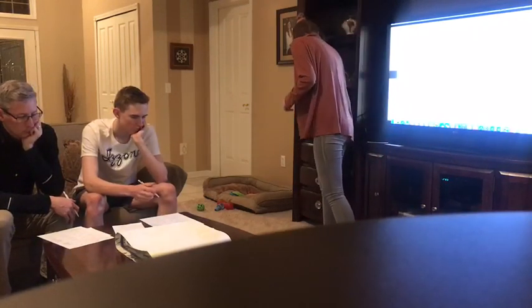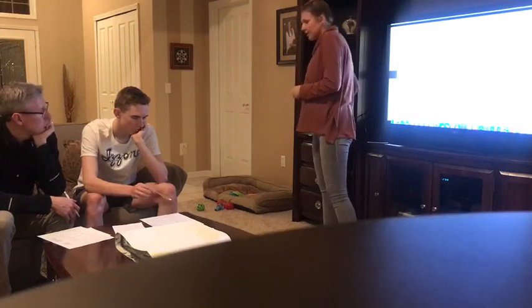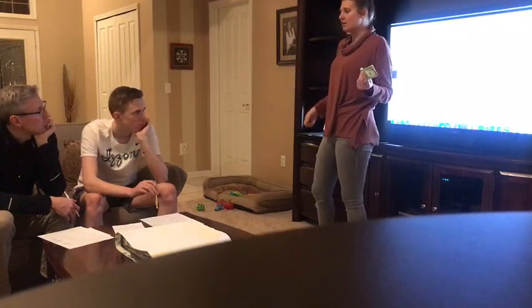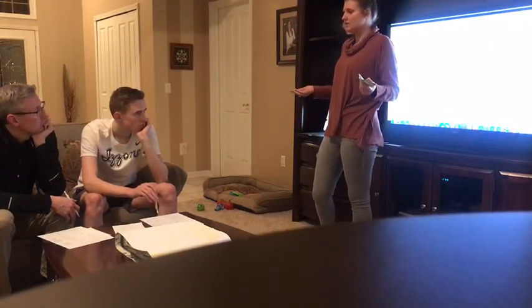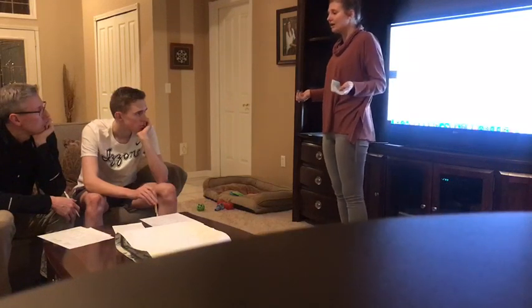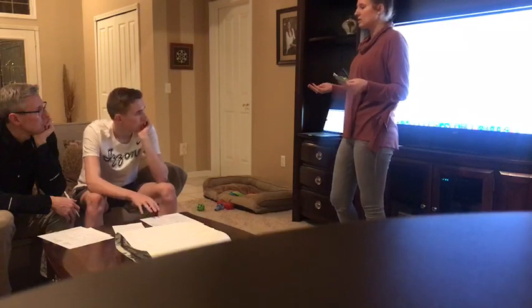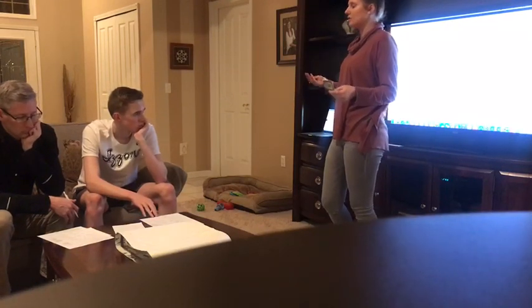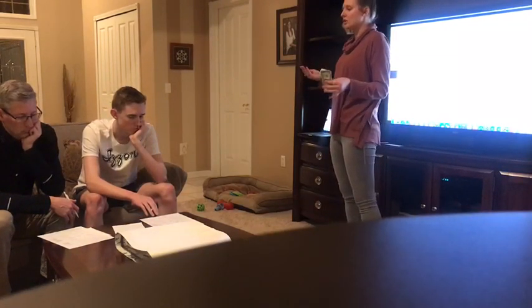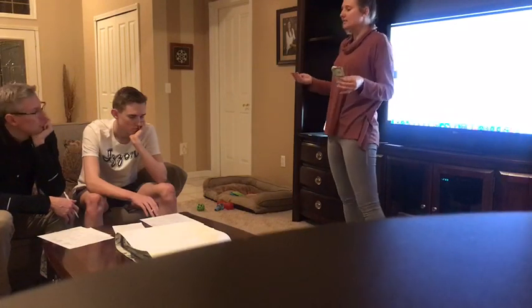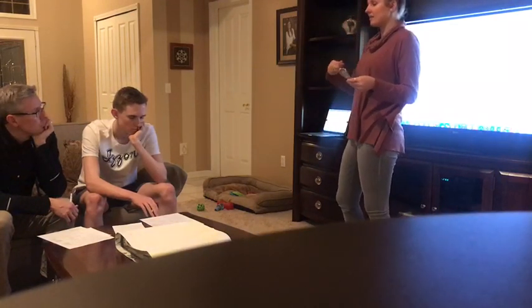Yeah, and another example I have right here is just like how $1 is equal to 4 quarters. So this is something that we use every day, and this conversion factor makes it really simple to be able to convert and to be able to measure quantities on a balanced scale.